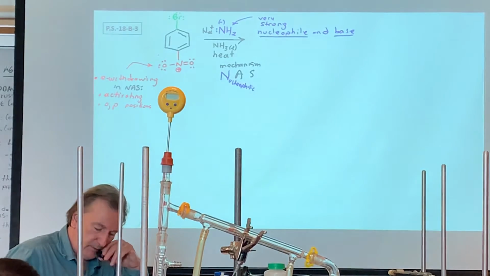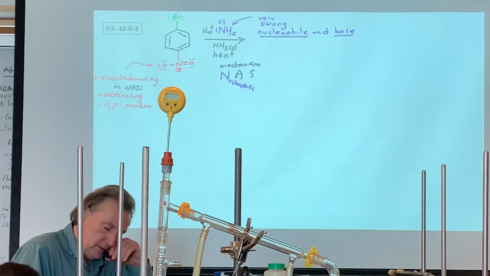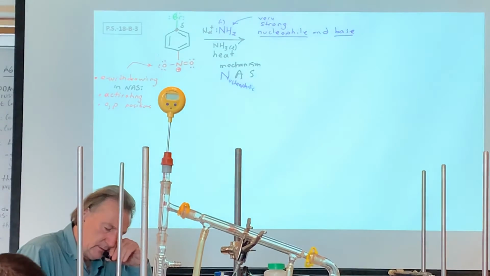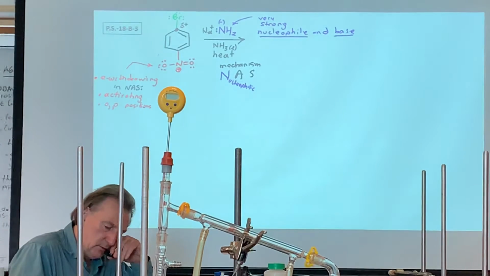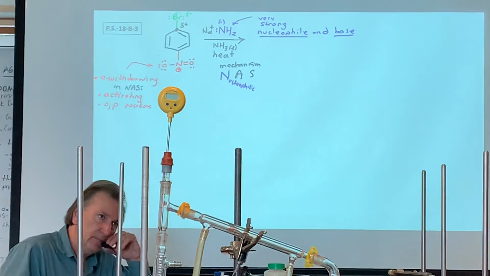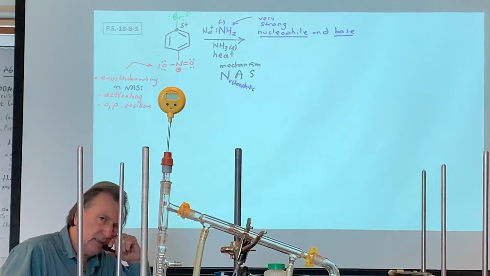Okay, let's understand this a little bit better. If you look at this carbon here, what is the charge over there? Delta plus, right? And what is the charge of the bromine? Delta minus. I'm going to make this up. I will say the delta plus is 0.7 and the delta minus is minus 0.7. I'm making this up. It's not plus 1 and minus 1, obviously, otherwise it would be ionic.